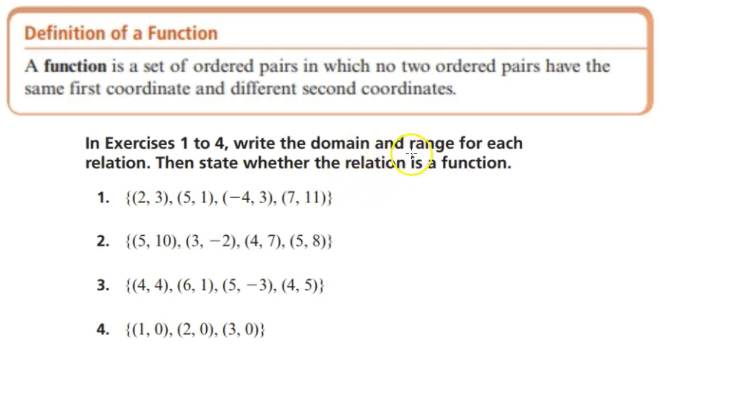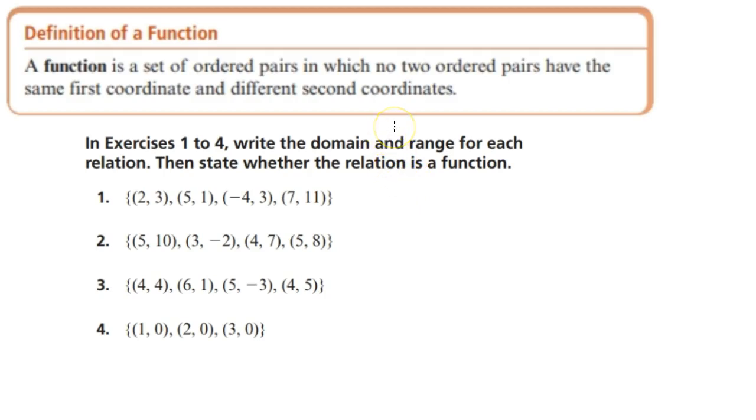We'll get into functions more later, where we have more ordered pairs, and we'll figure out how we can express that. And then the range of a function or relation is the set of all second coordinates of the ordered pairs.